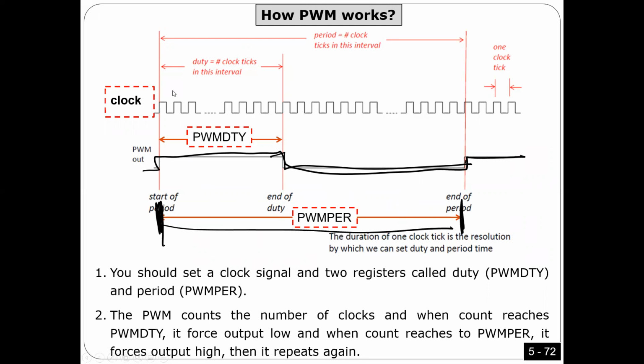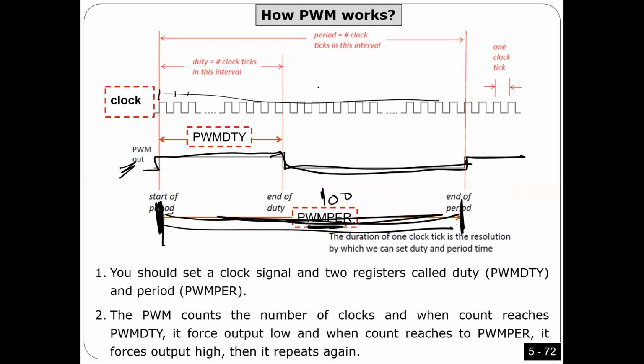It should be a number of cycles. You have to write this number in this register, pulse width modulation period, because this one determines the period. So here I put a number, for example, 100. What does 100 mean? It means the time from here to here, the signal I'm going to generate, should be 100 cycles of the clock.